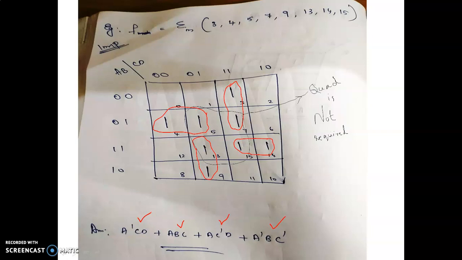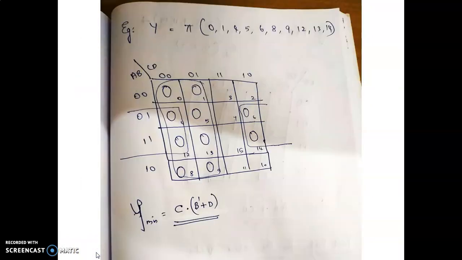Okay, now moving to the next question. In this question, we are going to see how a standard canonical POS can be minimized. So far, we have been seeing standard canonical SOP. Now what we are going to see is a standard canonical POS question minimized using K-map.